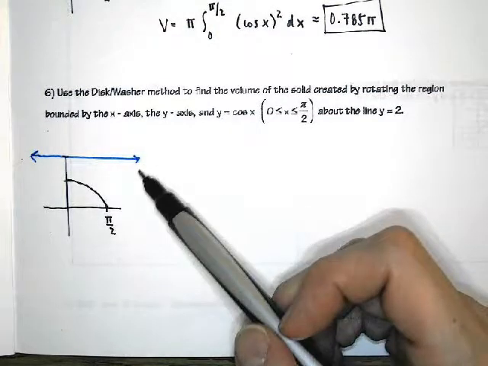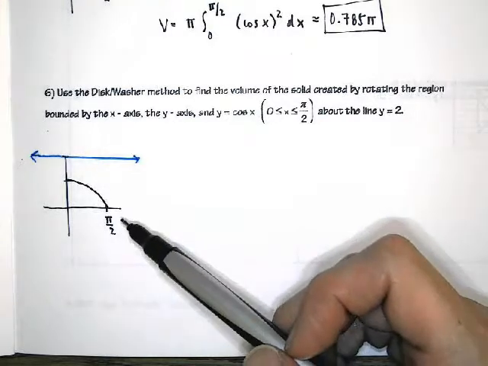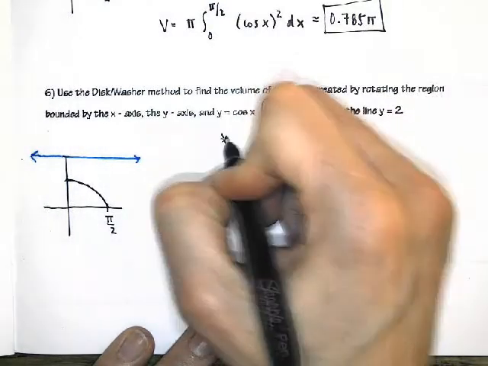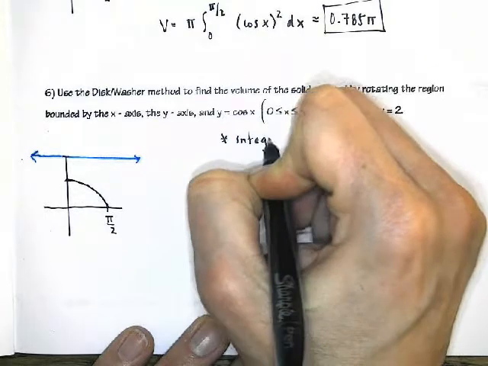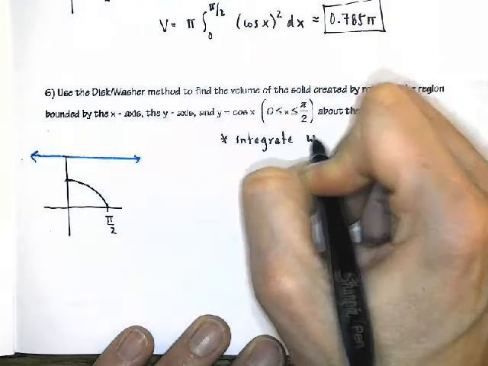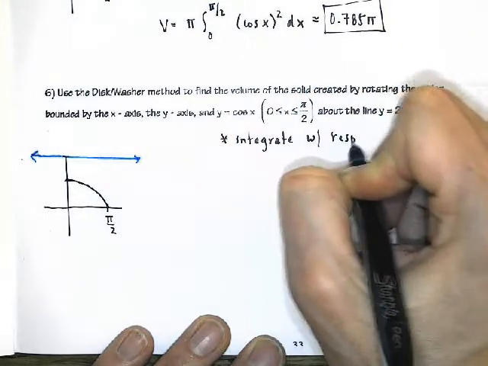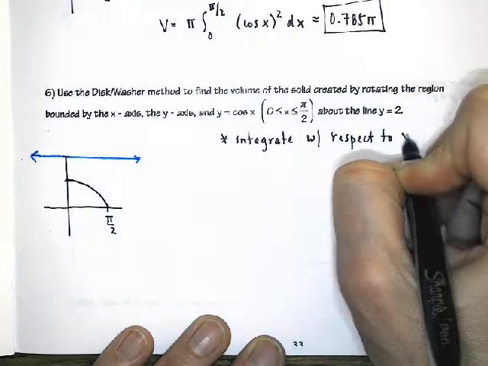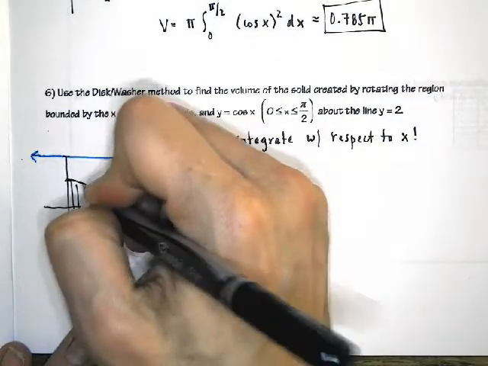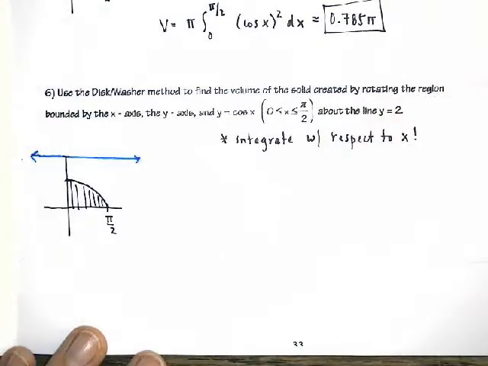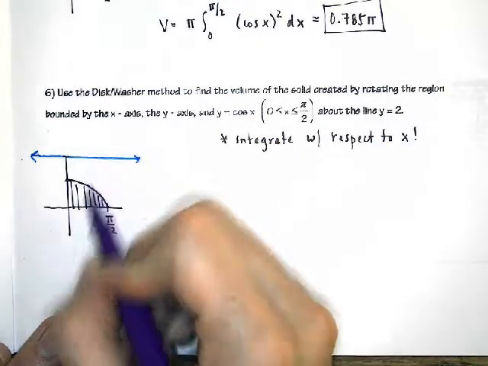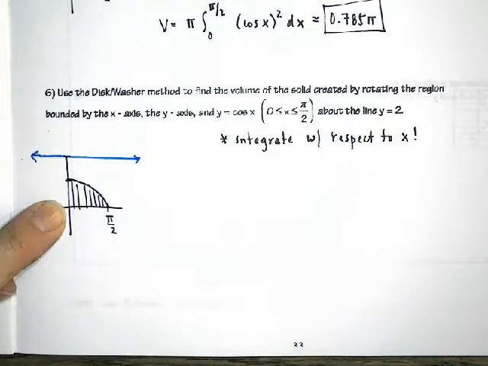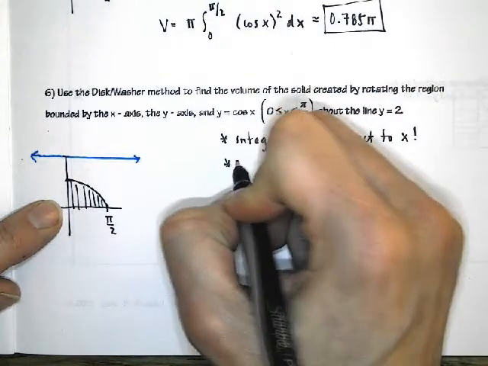So since my line that I'm revolving about is parallel to the x-axis, I know I'm going to integrate with respect to x. So I'm talking about this region here. The other thing I'm noticing right away is that there's negative space between that line and my region. So this is going to be washers.